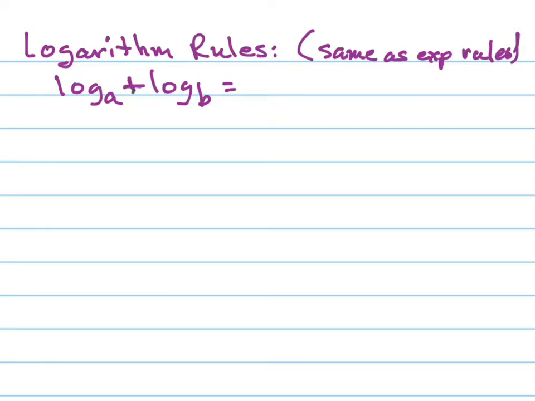When do you add exponents? When you're multiplying powers with the same base, you add the exponents. So the same rule applies here. That becomes the log of A times B, simply log AB, using the most simplified notation.